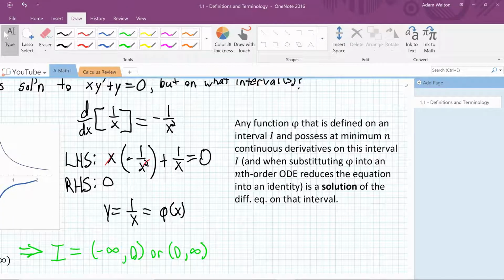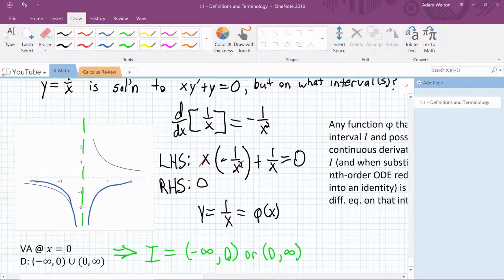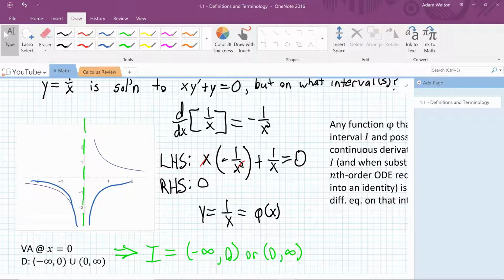And when we substituted phi into our ordinary differential equation, it did reduce it to an identity. We got both sides equal to 0. So therefore, y equals 1 over x, which can also be considered just phi of x, is a solution of that differential equation on that interval. The really important thing to take away here is that there is a difference between the graph of the function itself and the graph of the solution.